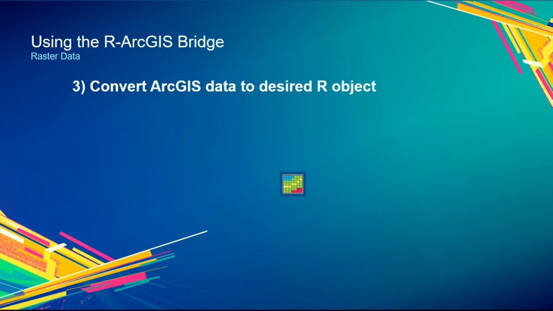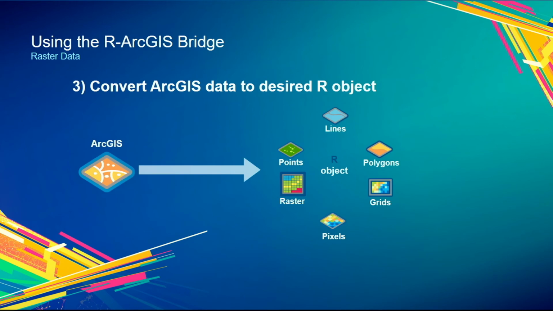So how do we convert ArcGIS data to the desired R object? Now we can take our ArcGIS data and make all of these different data types, not just the vector data. Just like the SP object and the SF object are main libraries inside R to do spatial operations, the raster package is the core way to use rasters in R. It's sort of industry standard.